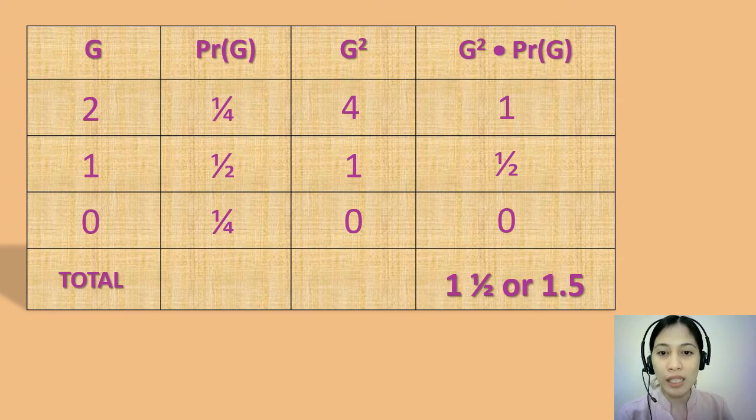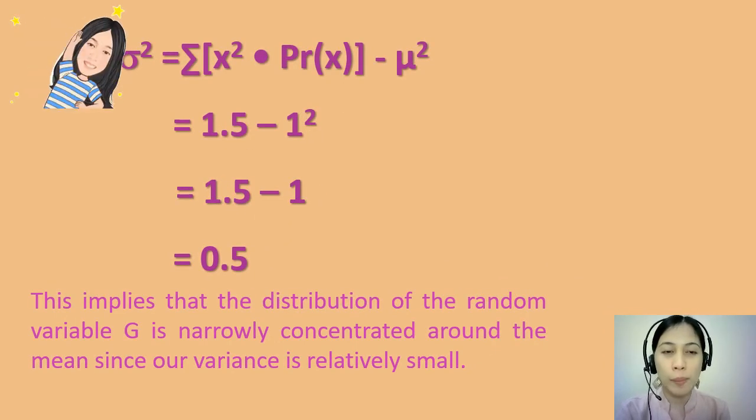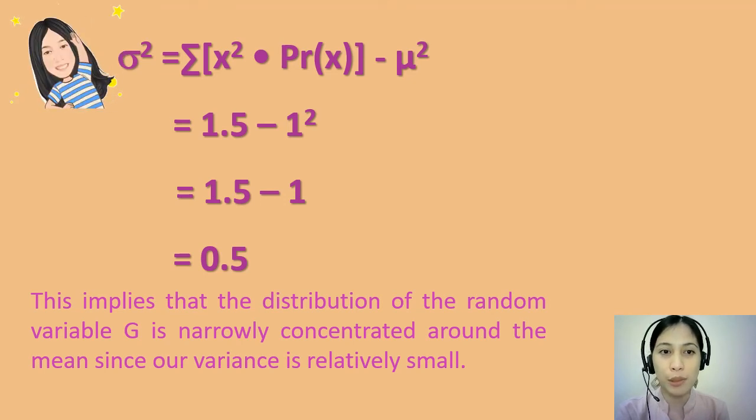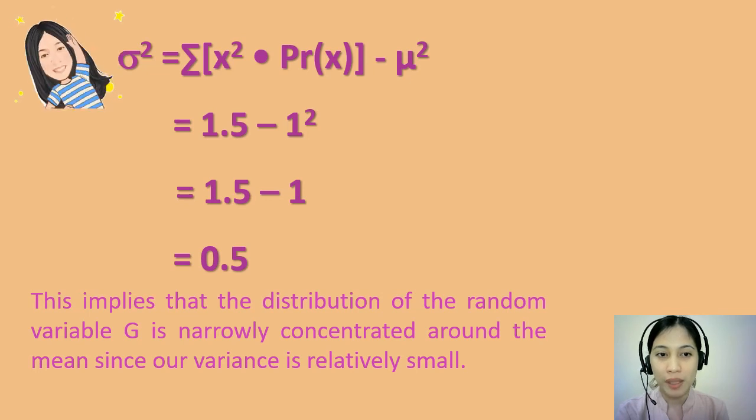Take note that 1.5 represents the sum of all the products of g squared and probability of g. So let us go back to the formula of the variance, whereas we have sigma squared is equal to the sum of all x squared times the probability of x, minus mu squared.